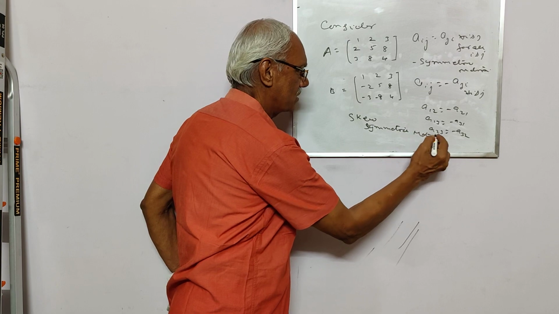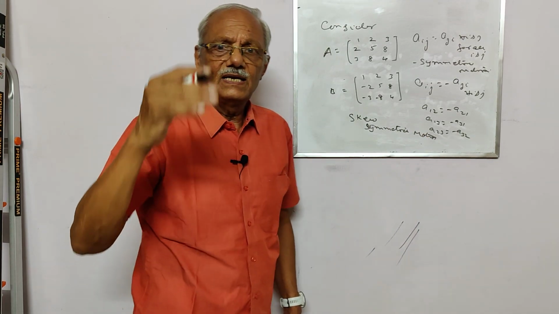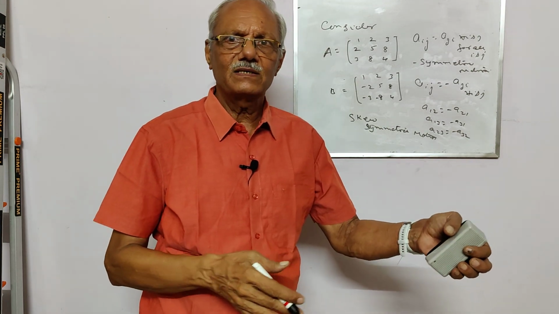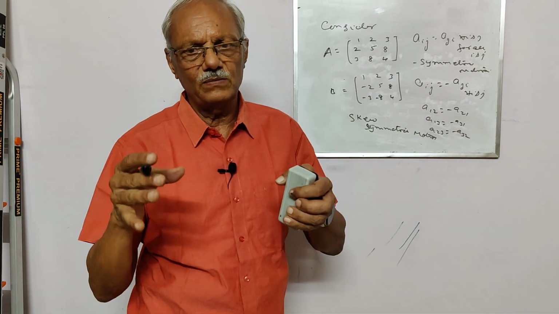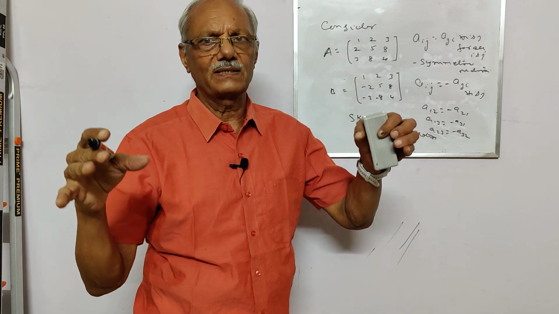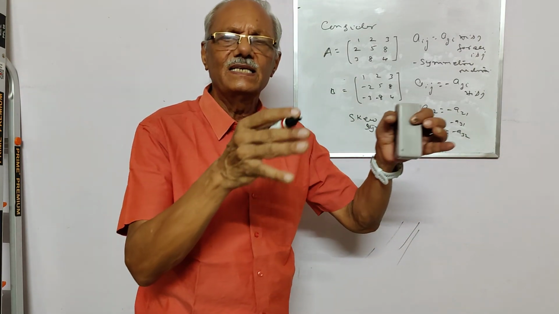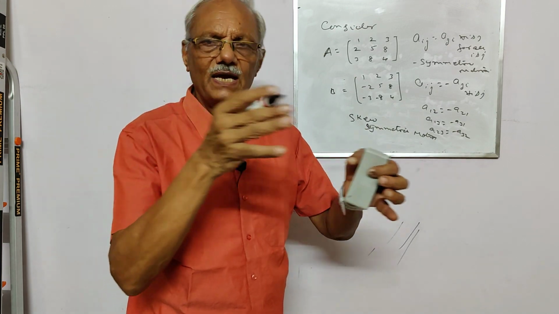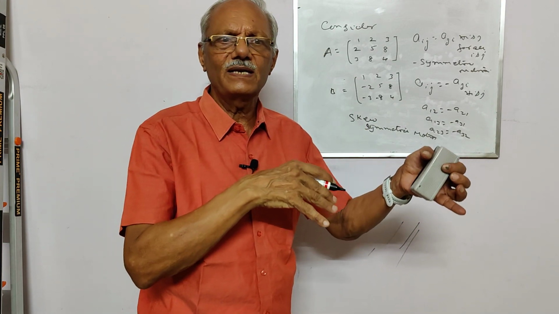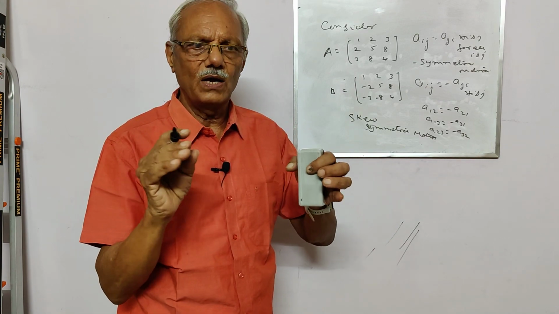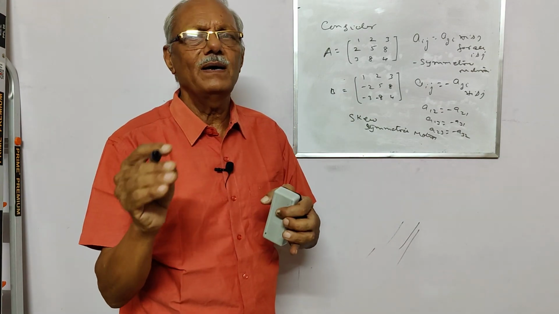And again, understand that it has to be a square matrix. So a symmetric matrix or a skew symmetric matrix has to be necessarily a square matrix. In the case of a symmetric matrix, it is Aij is equal to Aji. In the case of a skew symmetric matrix, it is Aij is equal to minus Aji. So, this is a particular case of a matrix.